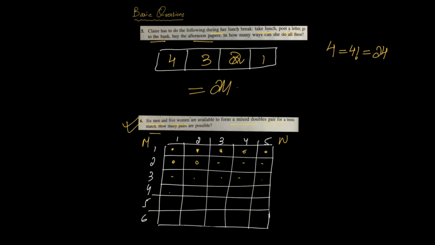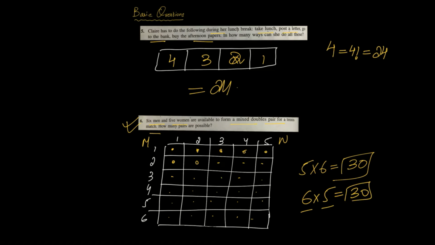All of these can form a mixed team to play. So these are a total of 30 possible outcomes. Now we know that if something happens in succession, we multiply the number of variables so we can find the total number of outcomes.